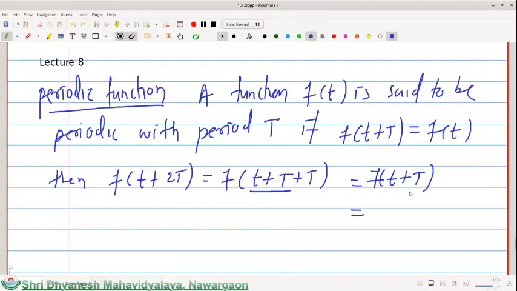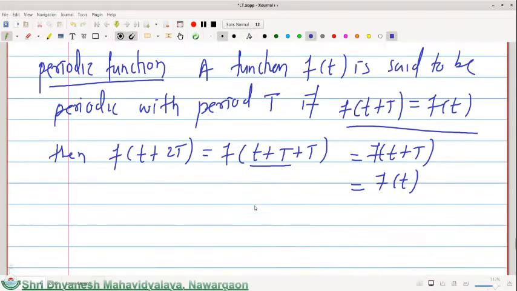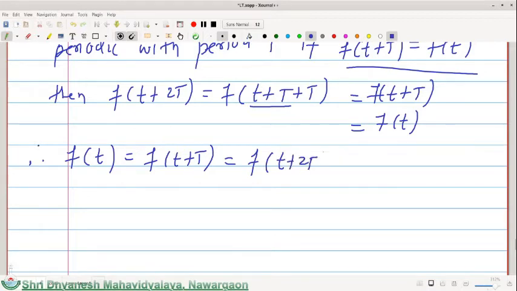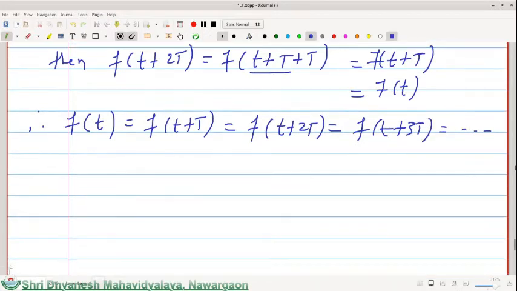Again f of t plus T will be f of t, since f is periodic with period T. So in this way we can generalize this. Therefore f of t is the same as f of t plus T, f of t plus 2T, f of t plus 3T, and so on. Examples I have already told you.